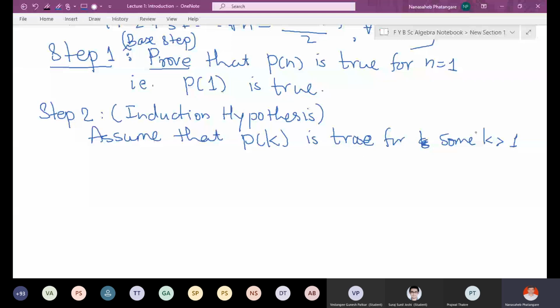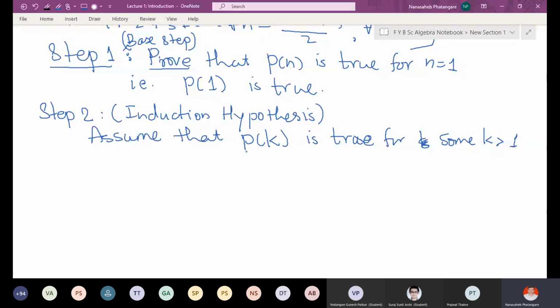But whatever data is available is the assumption. Assume that Pk is true. This we are assuming, this is not proving, right? Choose any k; it is not convenient to choose k equal to 2, 3, 4, and not convenient to take every k. So in general, assume that it is true for some k greater than 1.